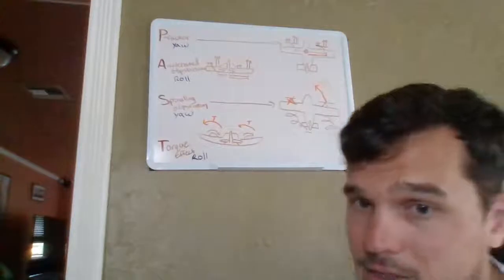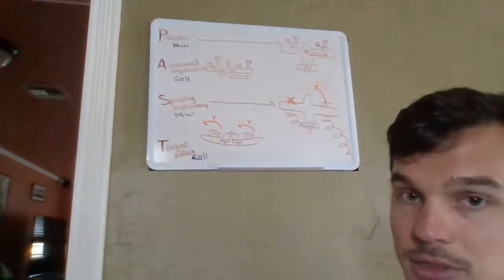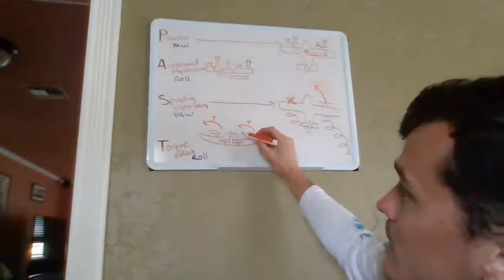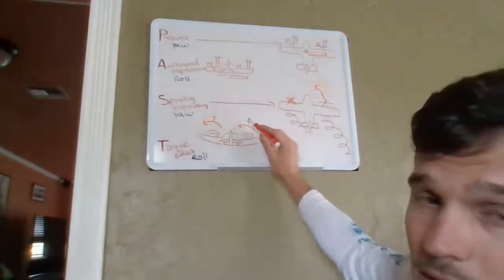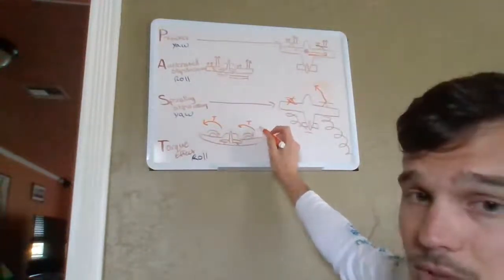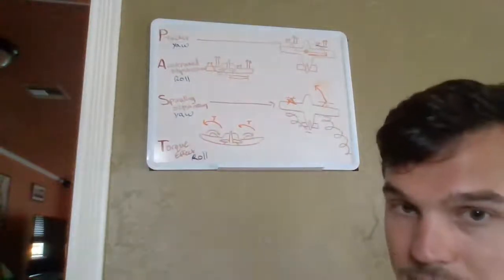And then we have the T of the PAST here. That's torque effect, and that's going to create a rolling moment in your aircraft. We can see here Newton's third law: for every action, there's an equal and opposite reaction. In our conventional twin, our propellers are rotating clockwise, so the resultant torque effect is in a counterclockwise direction. Let's look at this when an engine's failed.